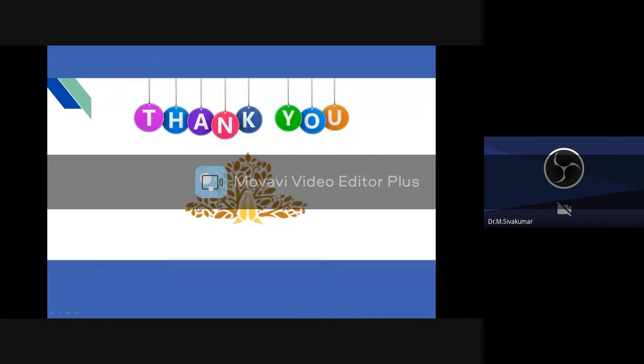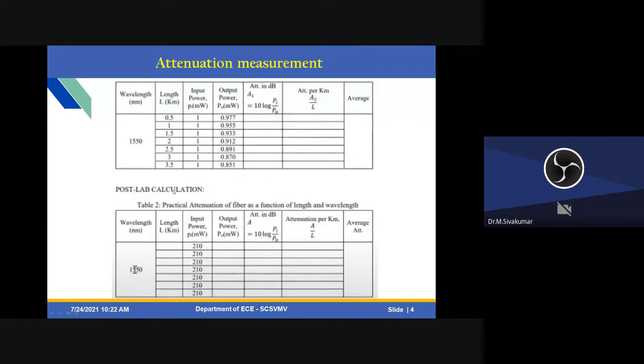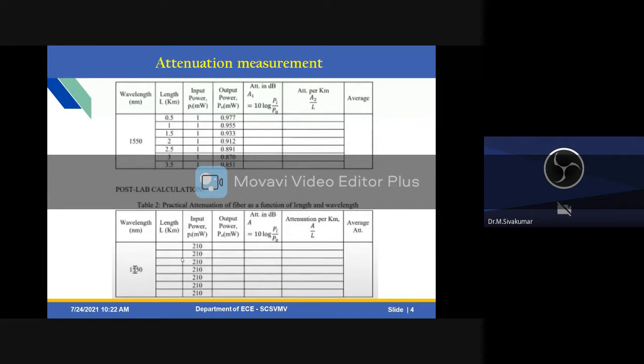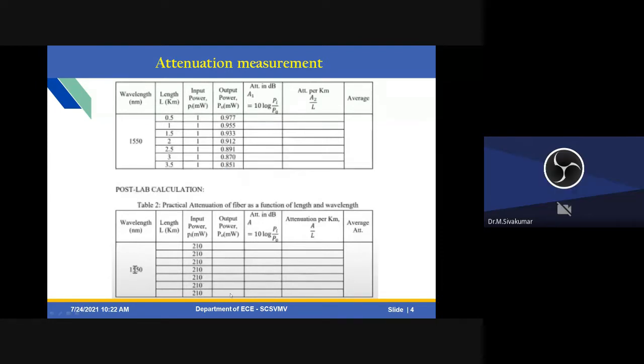This is the second section, the post-lab calculation. Just keep the wavelength 1550. You vary the length, for example 10 to 50: 10, 20, 30, 40, 50. Then the input power is 210. You find out the output power.